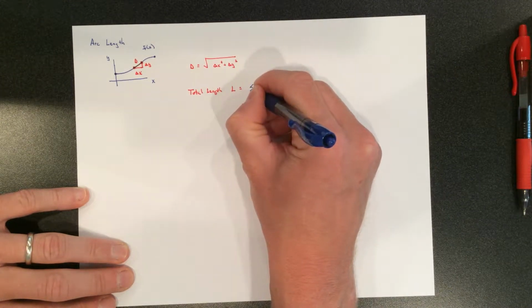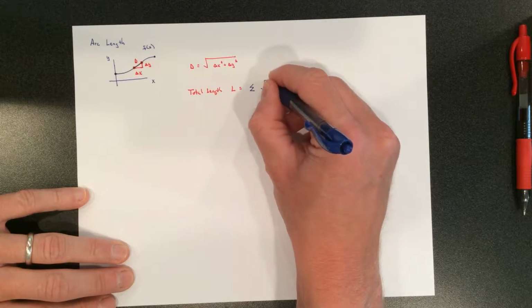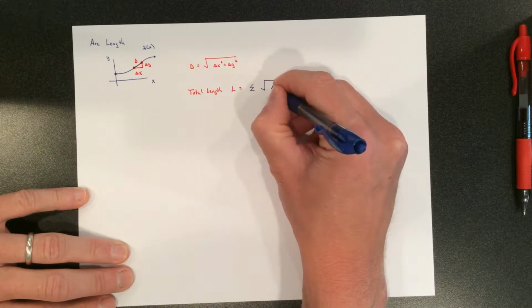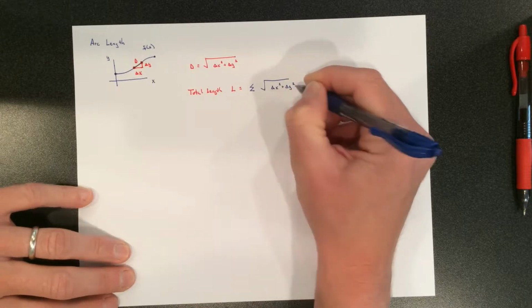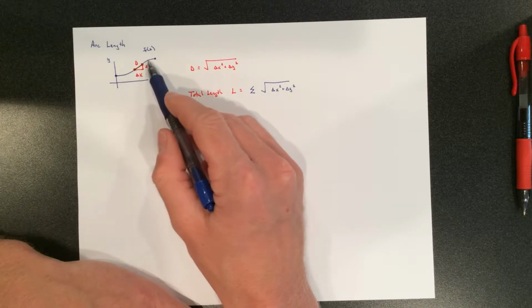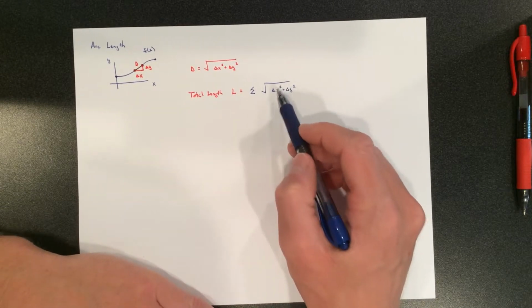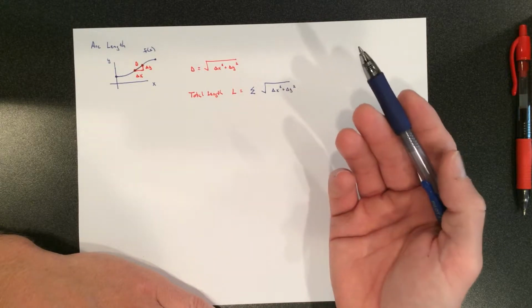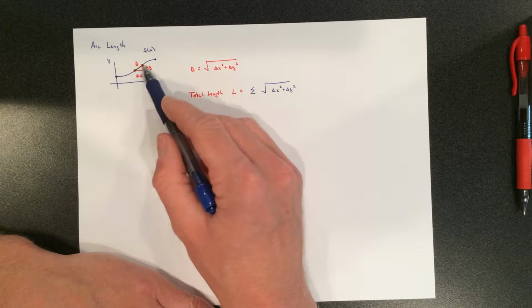It's the summation of all the little bitty distances. Okay, that's pretty easy. If I break this up in a bunch of pieces, the total length is just the sum of all the pieces. Each individual piece is just the Pythagorean theorem. I go a little bit to the right and a little bit up, that straight line distance.